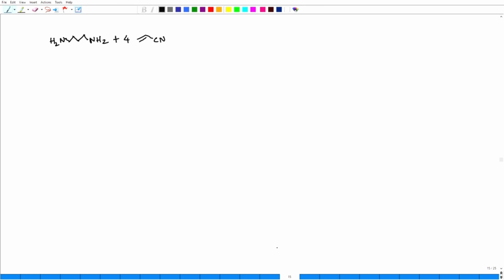then what happens? It happens 1, 2, 3, 4, 4 N, CN. So, the hydrogens of the amine are replaced by this moiety.